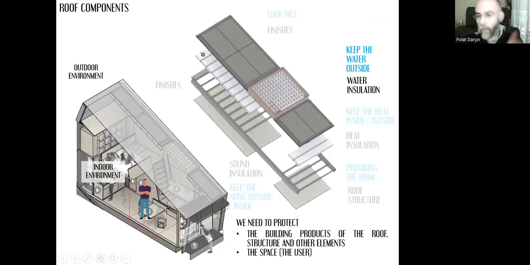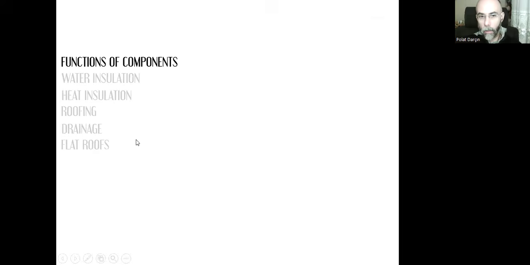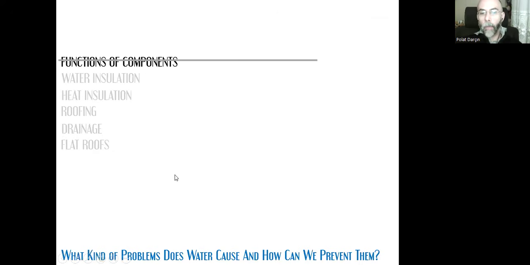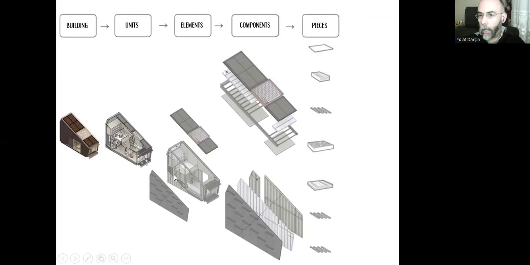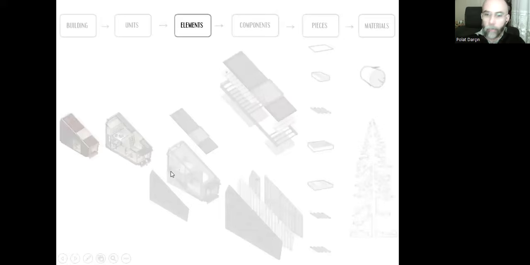And especially, we need to protect the space. When I say space, obviously, I mean the user himself. What kind of problems does water cause, and how can we prevent them? We know that all the components are created out of building pieces, and we use materials to shape these pieces.